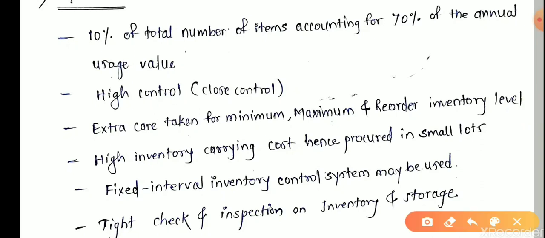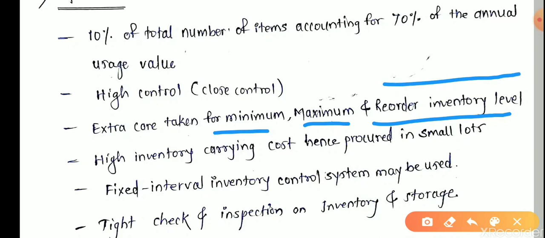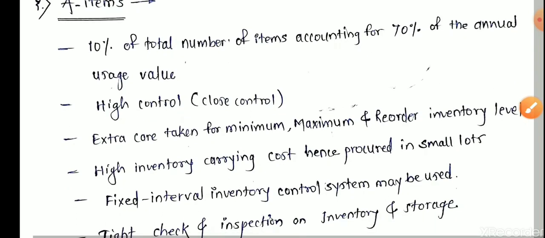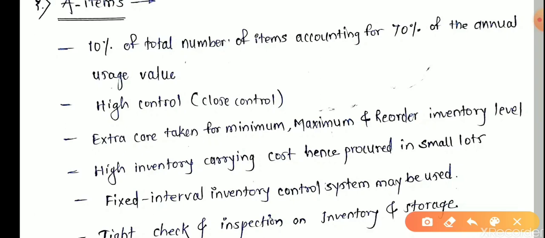Hence we give high control on these items. Now the third line is extra care taken for minimum, maximum, and reorder inventory level. We decide the minimum inventory level, maximum inventory level, and reorder inventory level on the basis of their requirement and their inventory costs. Hence we take extra care because their inventory cost is much higher than other materials or other types of items.